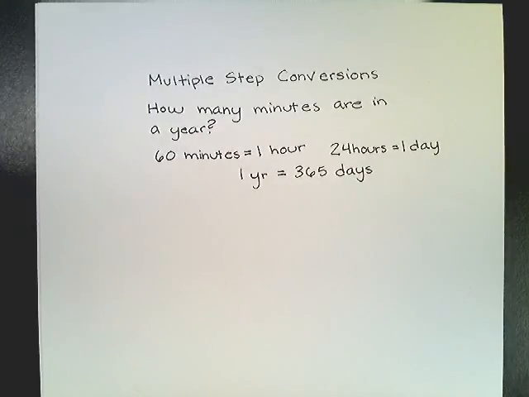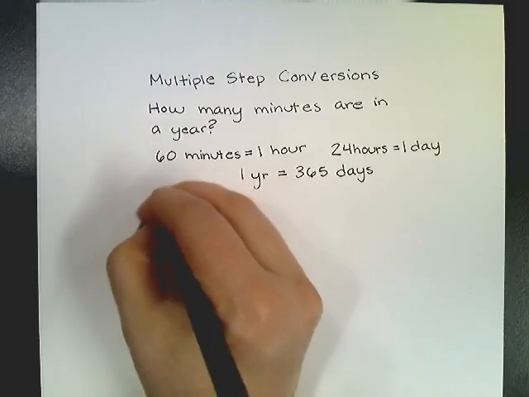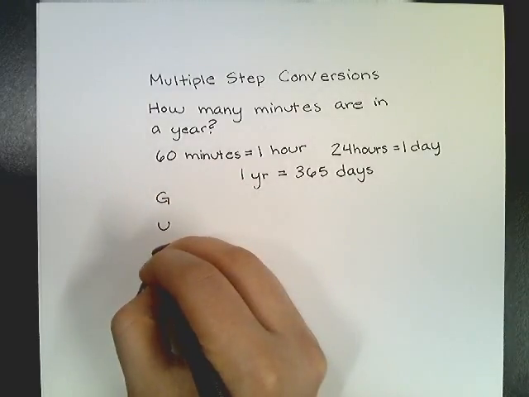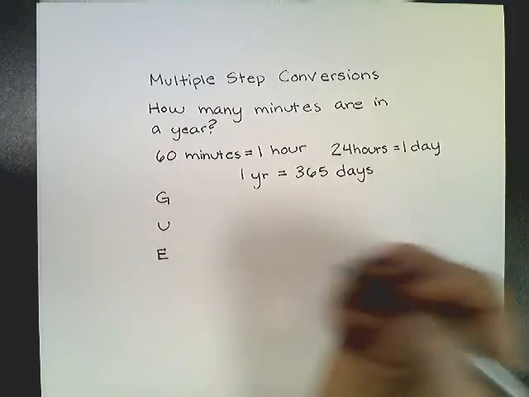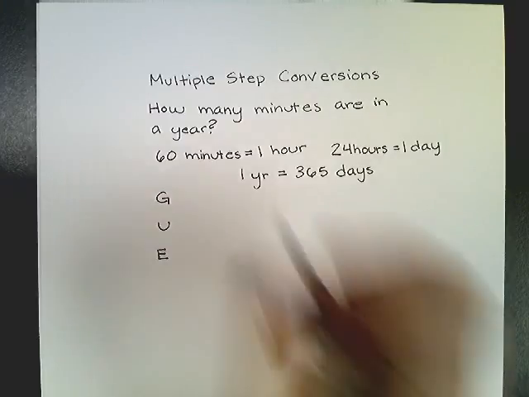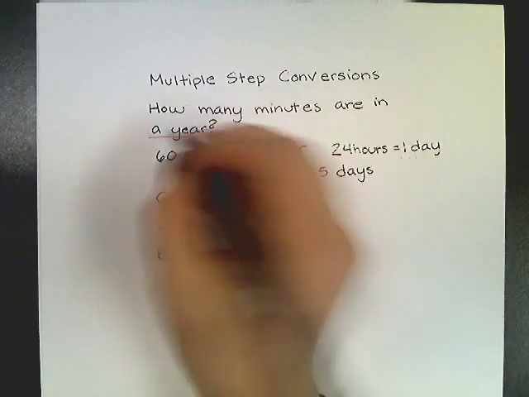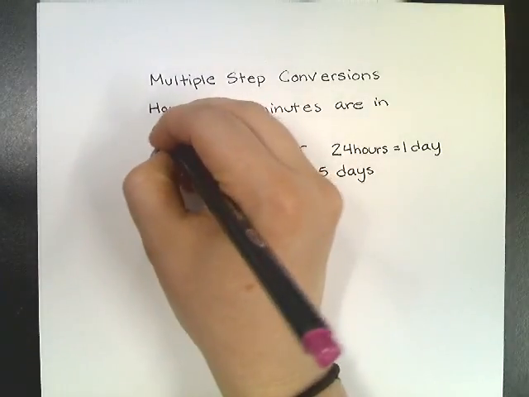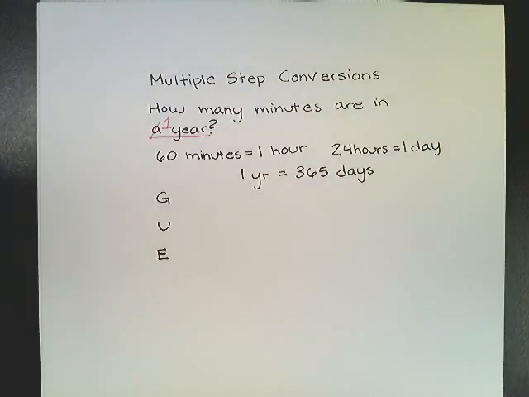In my question, I'm going to find my given, my unknown, and my conversion factors that I need. My given is going to be a year. Notice it's a year, but I also know, as my math teacher, a can mean 1.